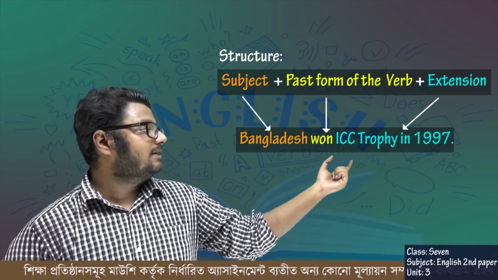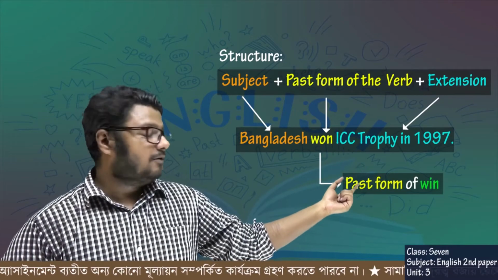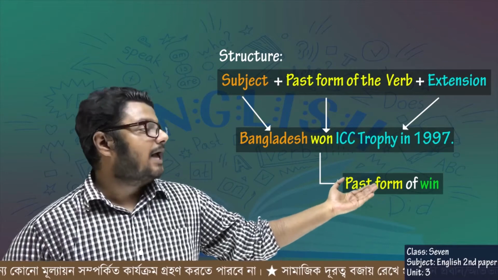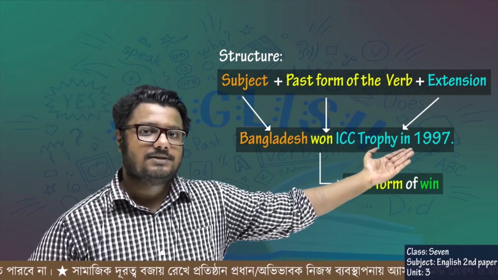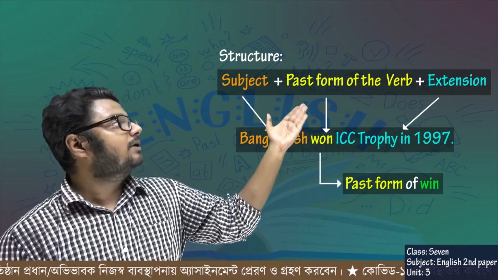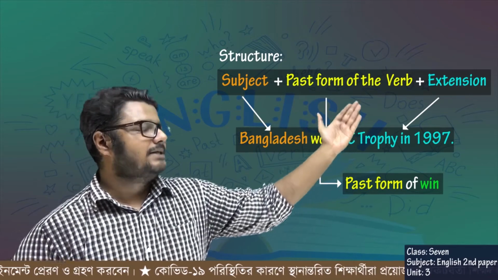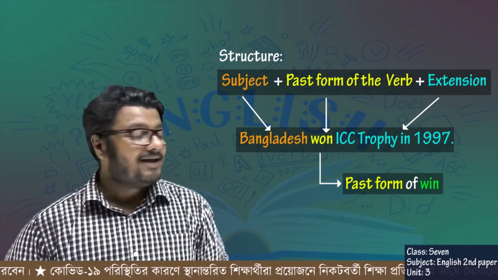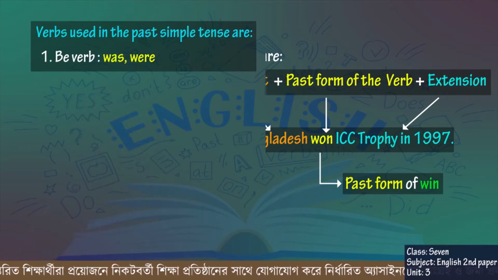Then we can see the past form of the verb, won. Won is the past form of the verb win. And then we can see the extensions or the rest of the parts of the sentence. So this sentence follows the structure that we just saw, which is subject plus past form of the verb plus extension. And that is why this sentence is an example of past simple tense.